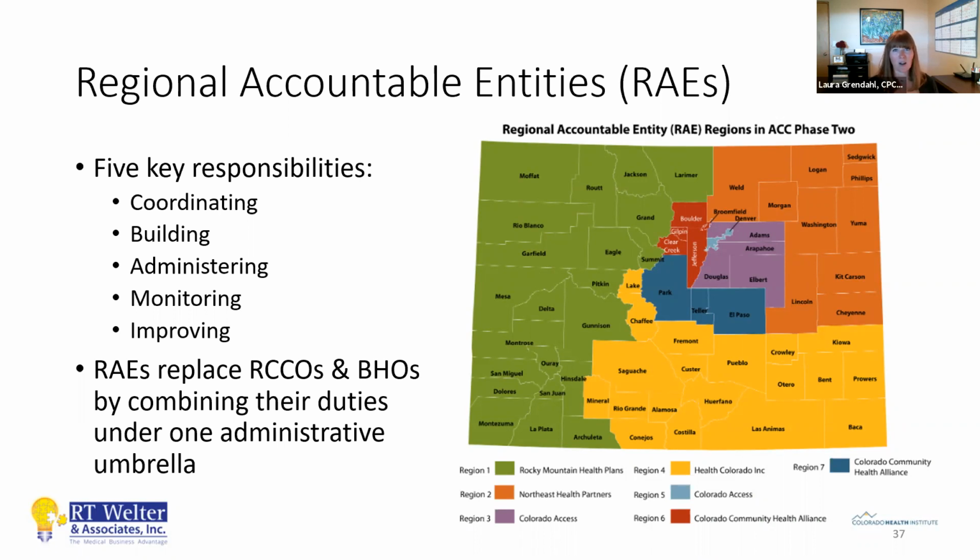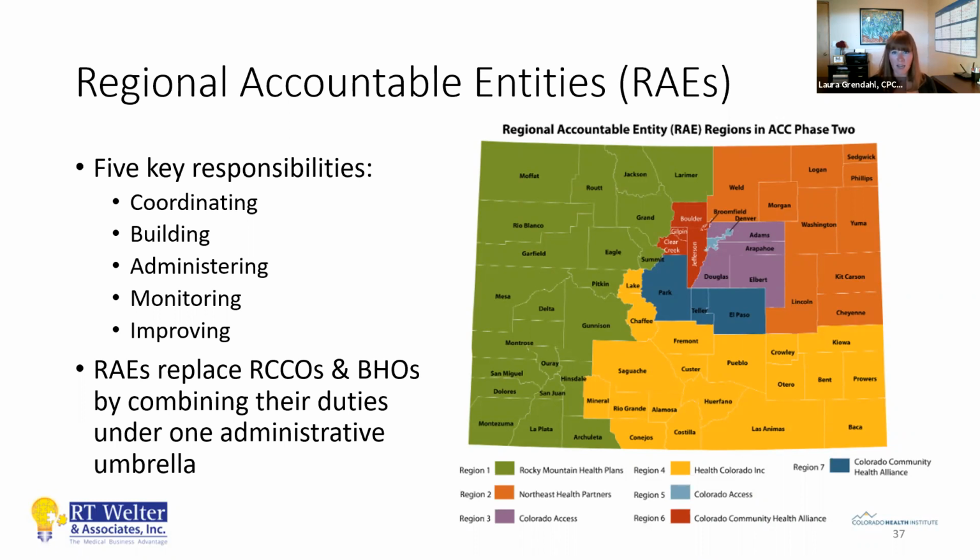The big thing is that RAEs replace the RCCOs and BHOs by combining their duties under one administrative umbrella. There are now 7 RAEs, and they're responsible for building the network of primary care providers in different geographic regions.